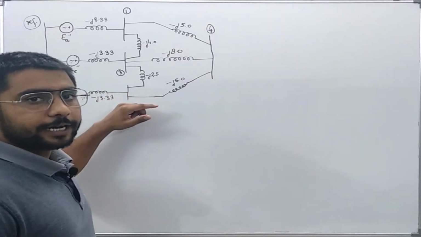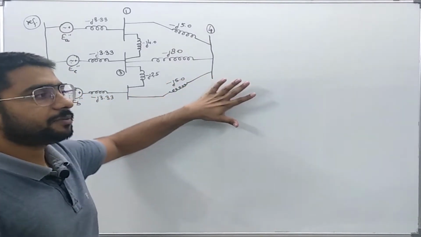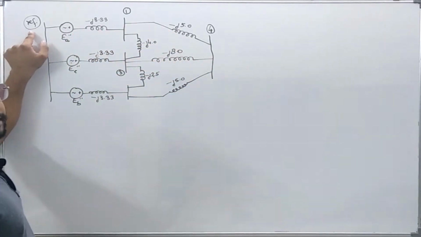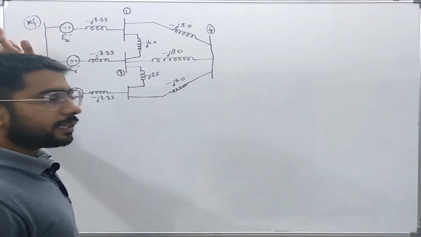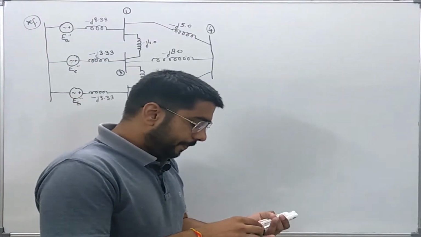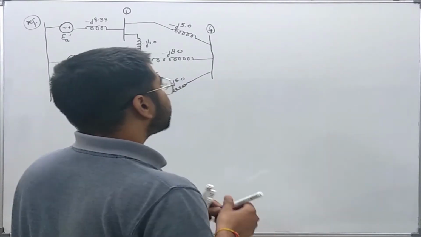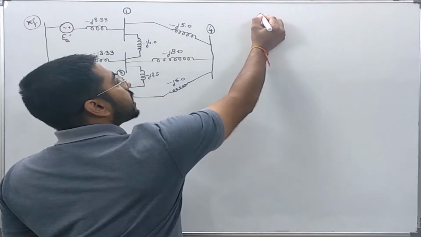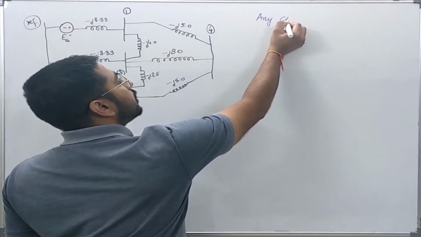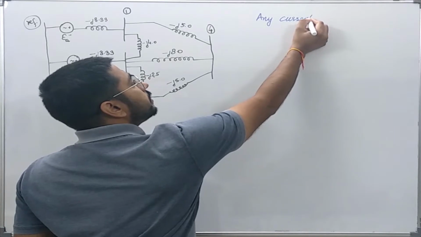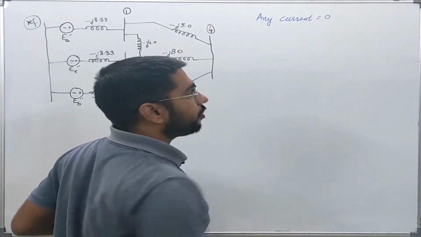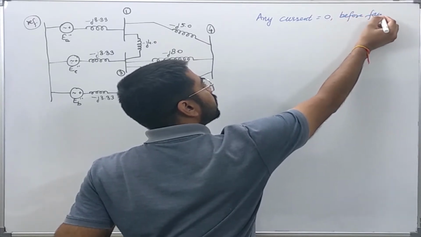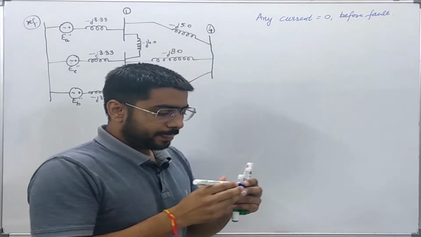Here in the figure, I have shown a typical, very simple power system containing 4 buses and the reference bus. There are some assumptions which I have made. That is, the pre-fault current is equal to 0 before the fault. What does it imply?